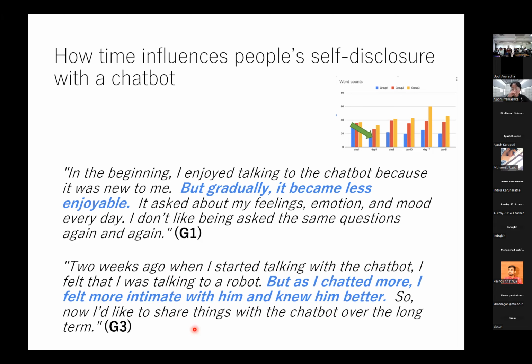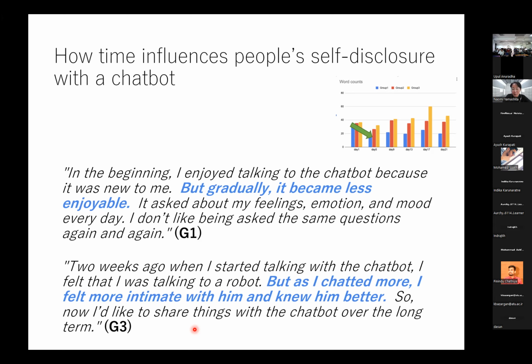And it was kind of interesting because when they talked about sensitive things about themselves, it was only them who were disclosing. The chatbots were only disclosing shallowly in the small talk sessions, but the chatbots did not disclose sensitive things.